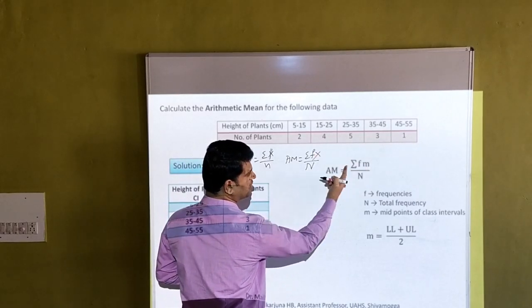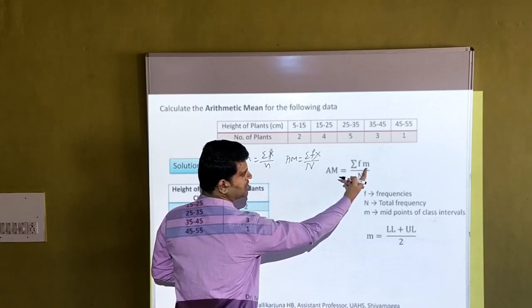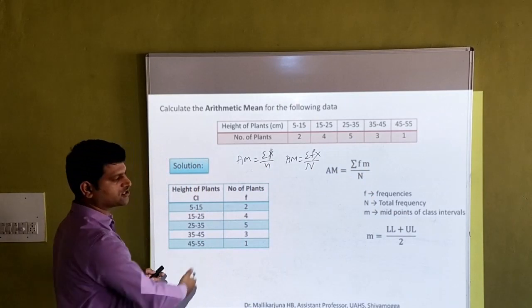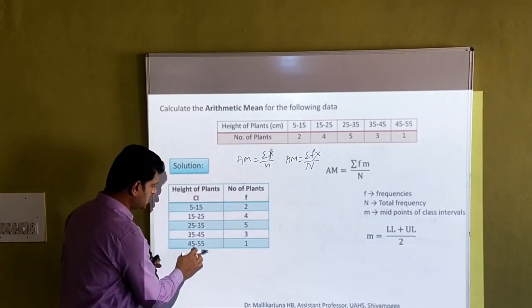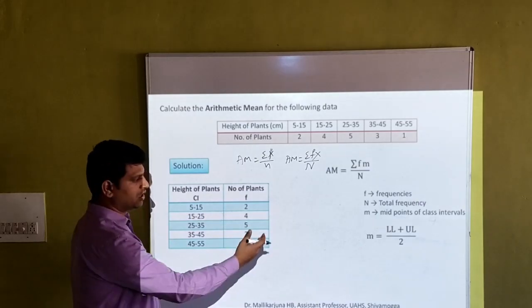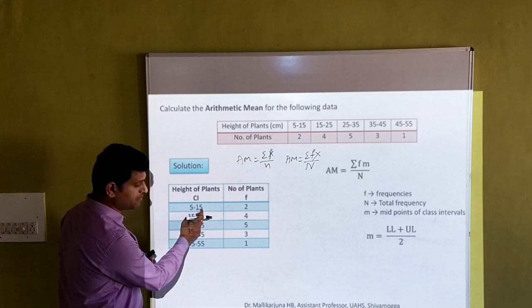F is the frequency, and capital N is the total frequency. M means midpoints of class. Since this is a continuous frequency distribution, we need midpoints of the class intervals. How to get the midpoint? Lower limit plus upper limit divided by 2.